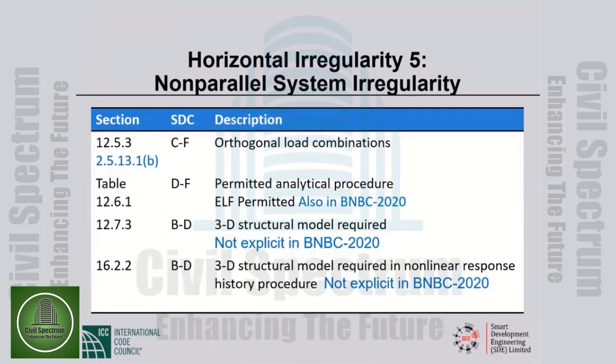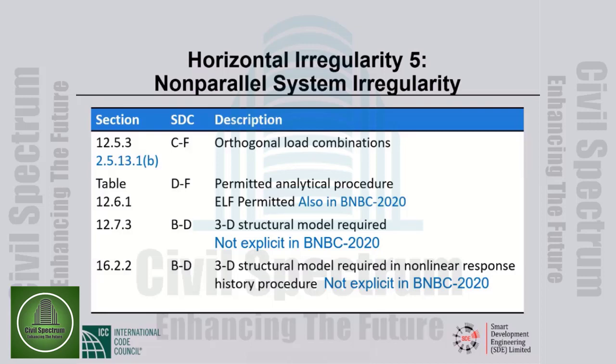So if you have type 5 horizontal, design category C and above, we have to consider the fact that earthquakes can hit from any old direction. They are not constrained to hit your structure along the orthogonal plan axis. So we have to do what is called orthogonal load combination. We'll take a look at that.